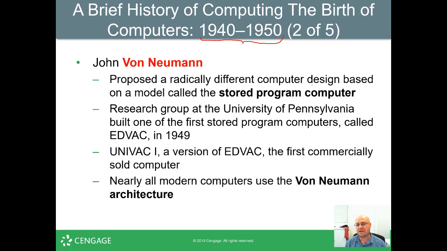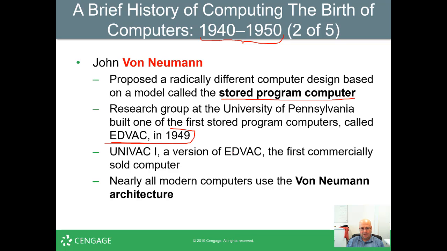John von Neumann proposed a radically different computer design based on a model called the stored program computer. A research group at the University of Pennsylvania built one of the first such machines. It was called EDVAC, in 1949.